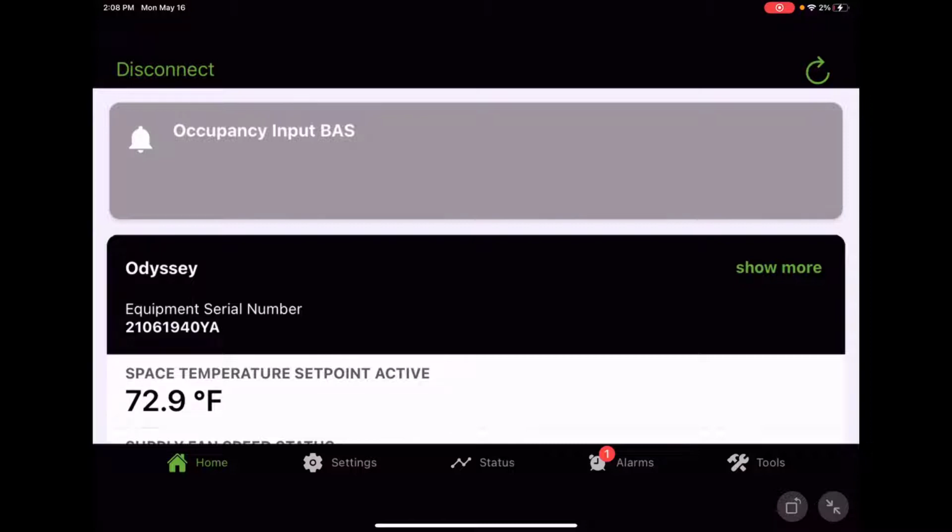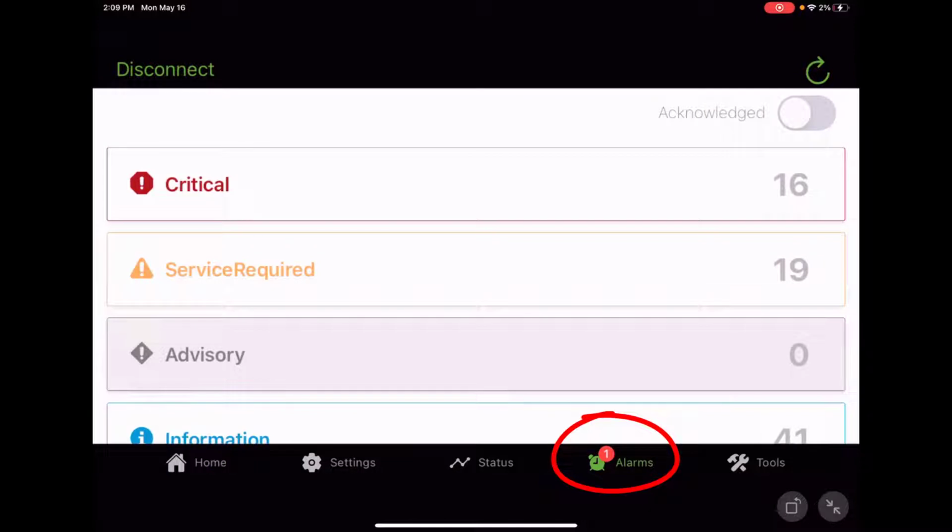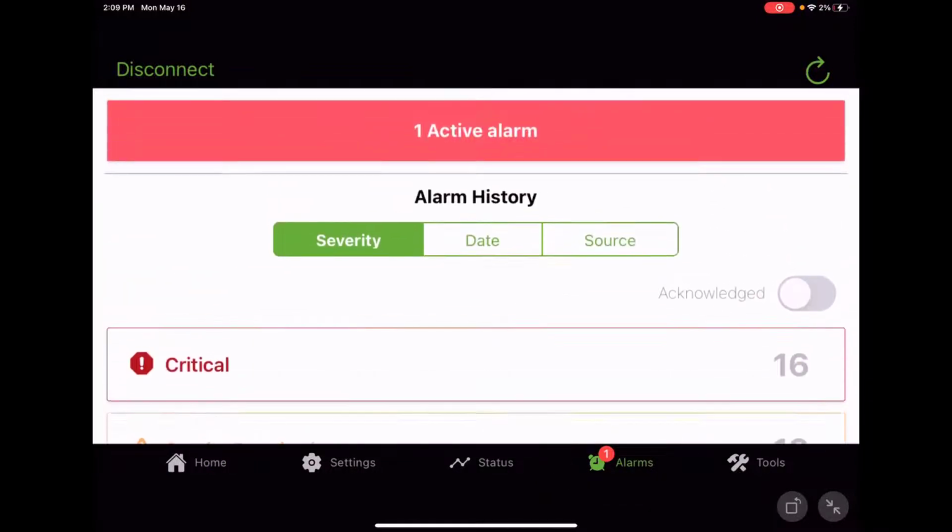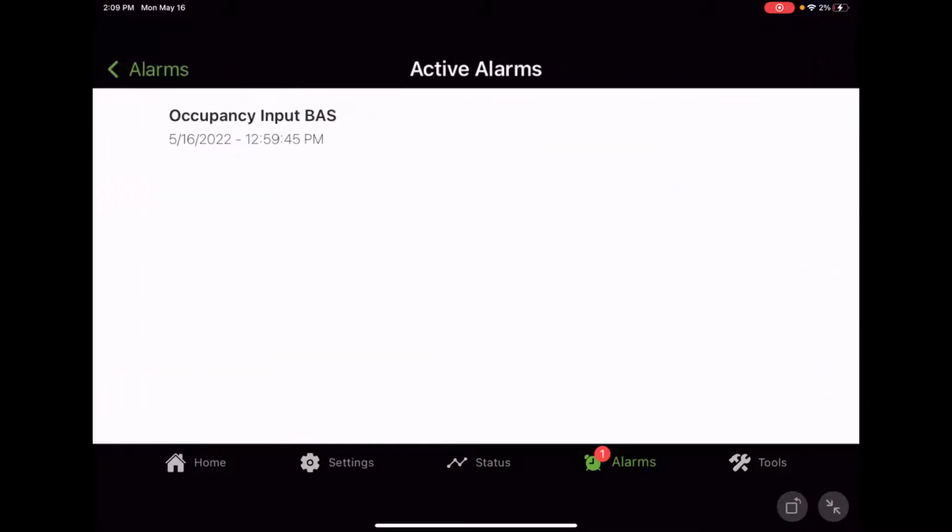So let's, from the home screen, head over to alarms. And here we have the alarms page, and at the very top we've got one active alarm, and we could just simply click on that. Our occupancy input BAS has an alarm going on because it's not seeing the state that it wants to see right now.